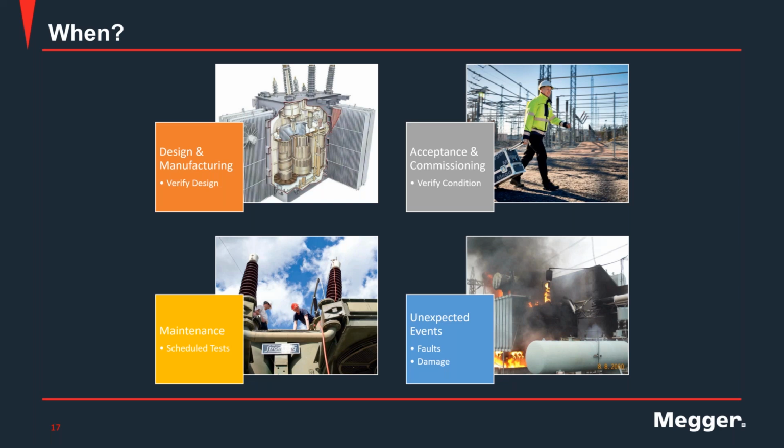Then you do connections, what's commonly referred to as internal connections. If you need to construct a delta or a zigzag connection or even a Y, you want to make sure those connections are made correctly, according to the design. So you do another TTR.